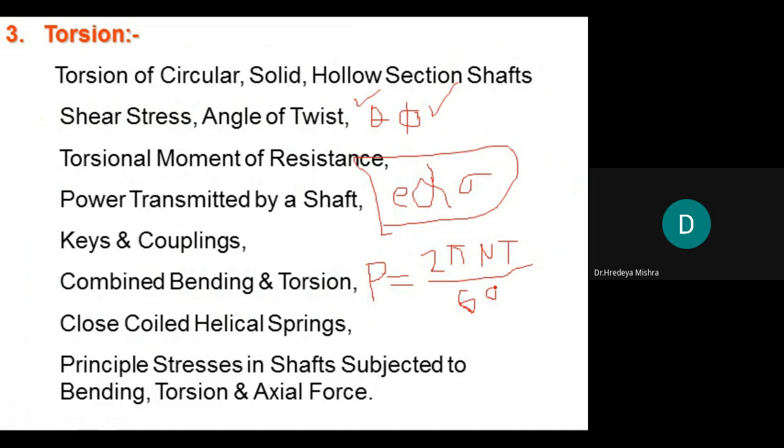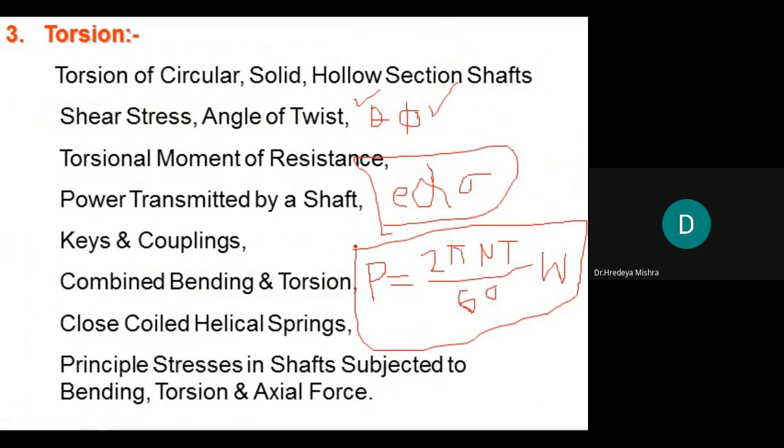That is the formula of power, and we can represent it in watts. Here N is the speed of the shaft, T is the torque, and 2 pi and 60 are constants. So from this formula we can find out the power transmitted by a shaft.